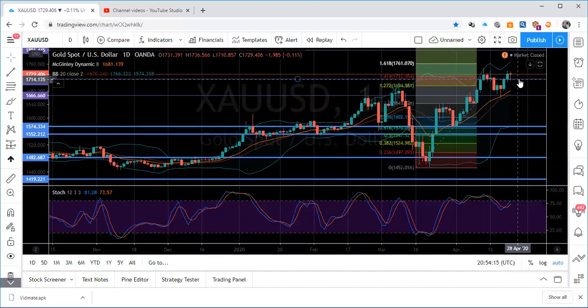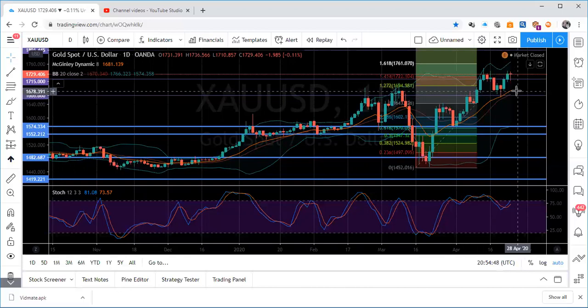So now I'm looking forward to price coming down into the zone, basically coming down to 1681 area, not just for the week, but we could see bounces off this area, but we could even go a bit lower than that.